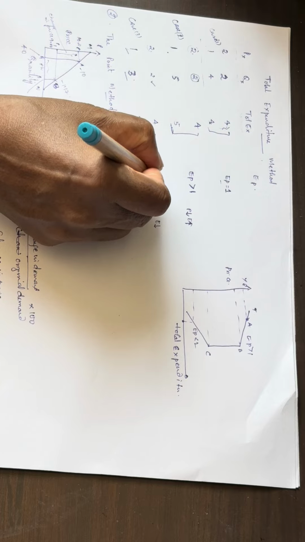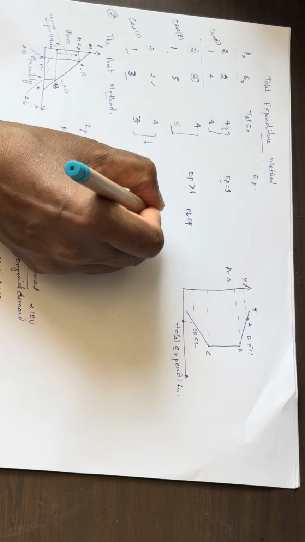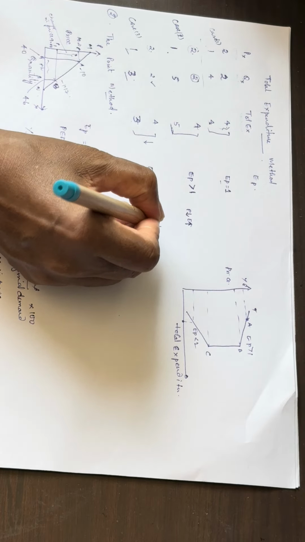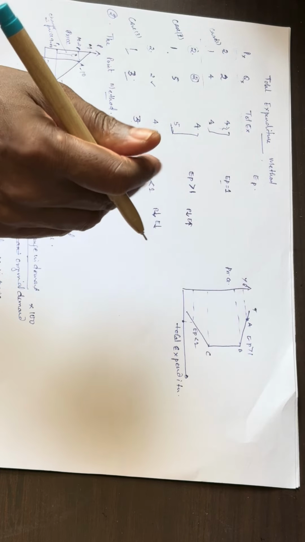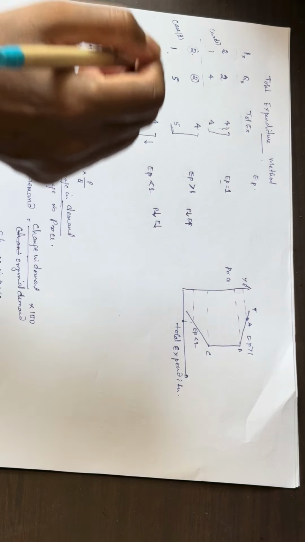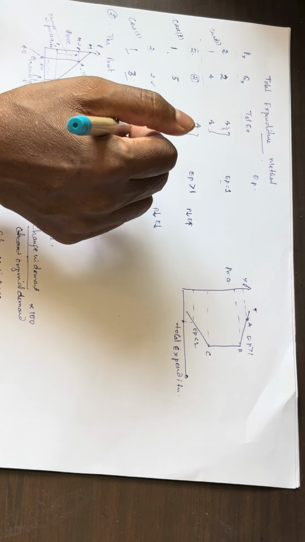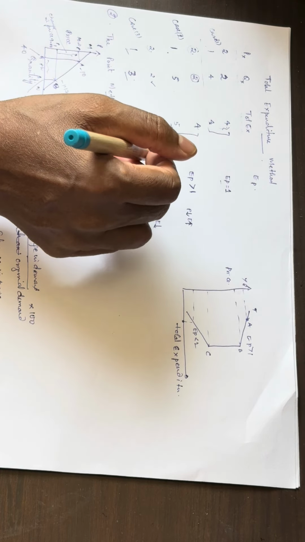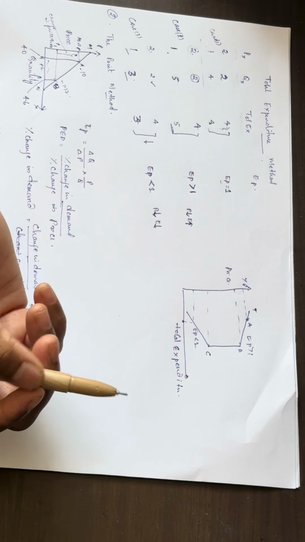That's why the EP value is less than 1, and the price of the product and the expenditure move in the same direction. This is how we can measure the elasticity of demand through the total expenditure method.